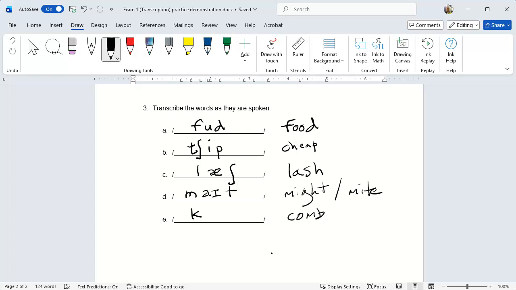O in comb gives us a regular old O. And then at the end of comb, we have an M, but despite the spelling, we don't have a B. It's not comb, it's just comb. Alright, so 5 relatively common, relatively simple words using a variety of our standard vowels and consonants.